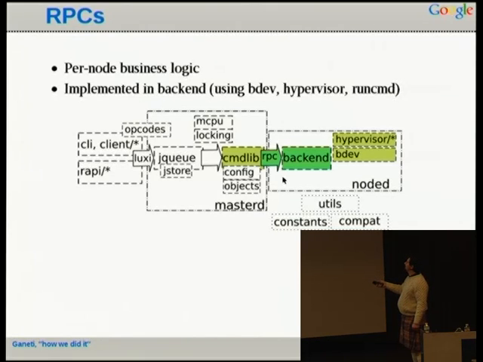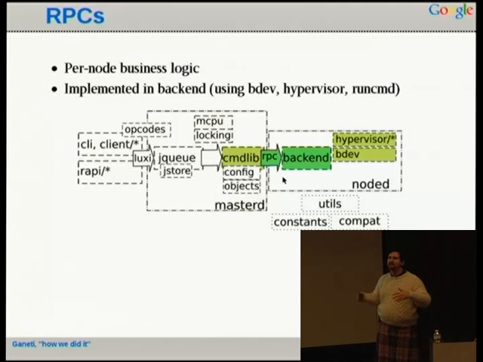And then backend will use hypervisor and bdev and a few other things, but mostly these to actually do the work. bdev is the block devices, so anything storage related will be there. Hypervisor is just anything hypervisor related, and then it will just use things in utils like run cmd to just run a command for things that didn't have their own module to be abstracted.